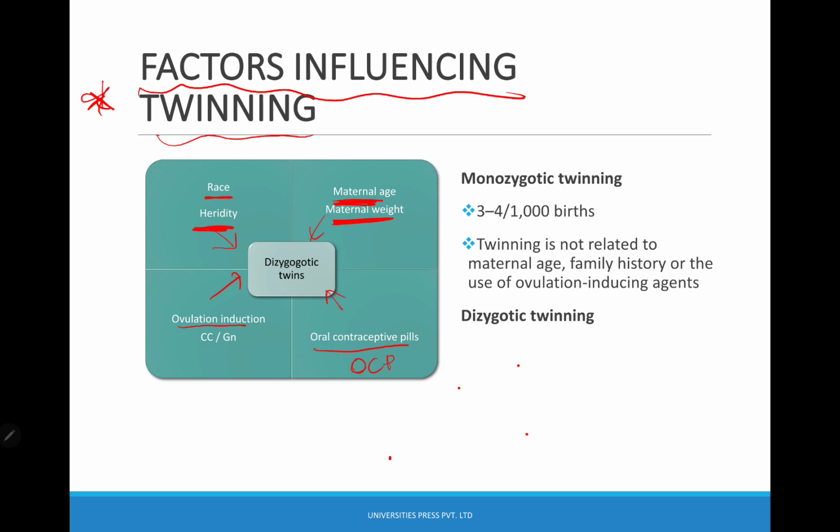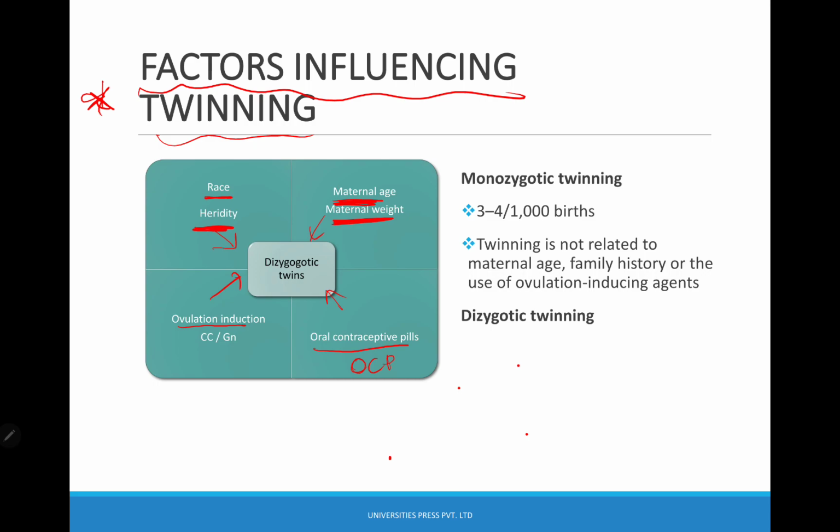Monozygotic twins are generally 3 to 4 per 1000 births. Twinning is not related to maternal age, family history, or the use of ovulation inducing agents.